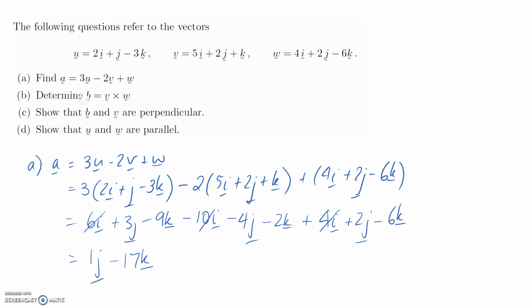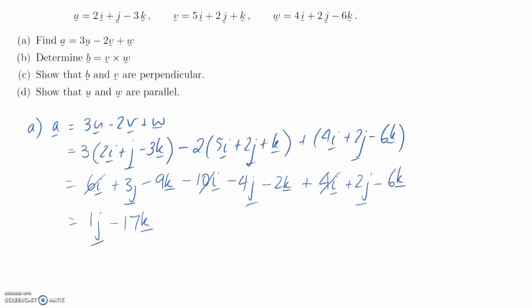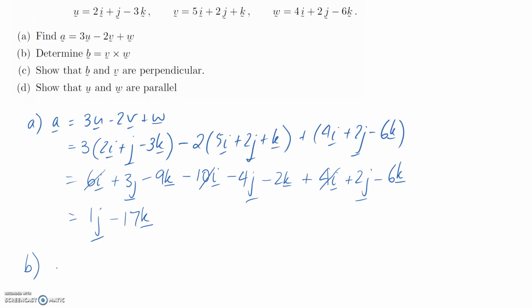So part B is to determine a vector B, which is the cross product of v and w. So let me write that out. Alright, so I'll substitute in our two vectors.